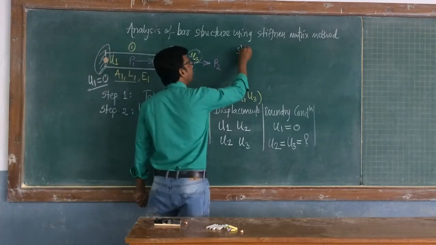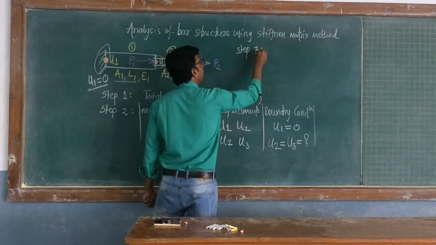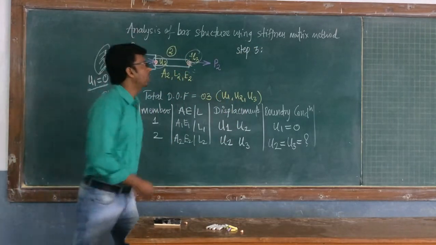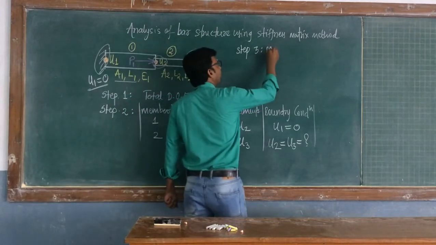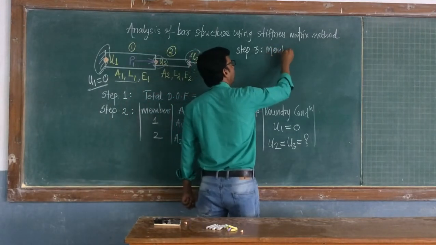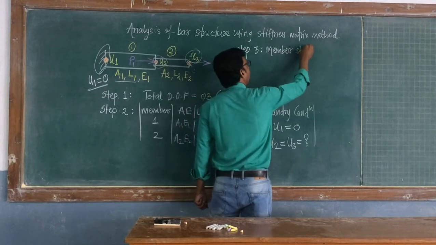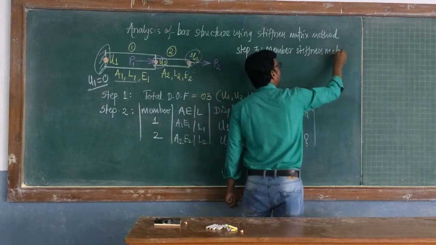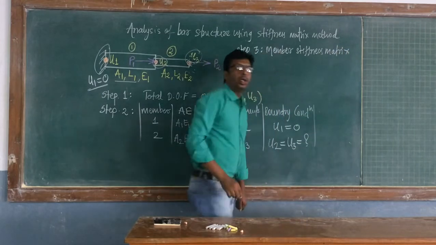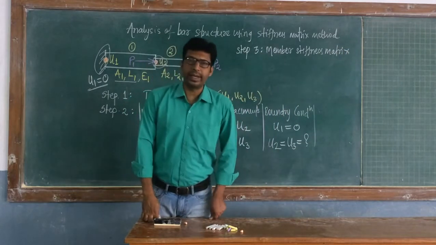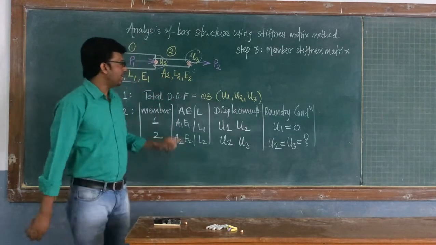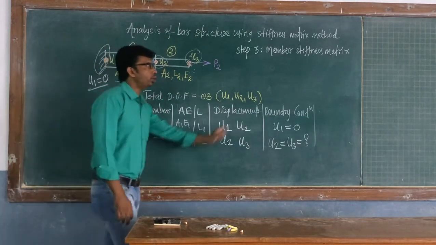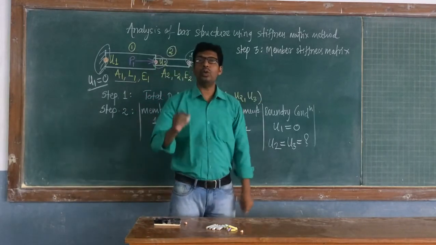Once you prepare this table, then in step number 3, you have to find out the member stiffness matrix. Stiffness matrix for each member, one by one. Okay.